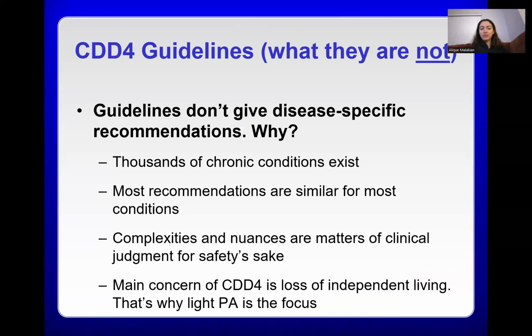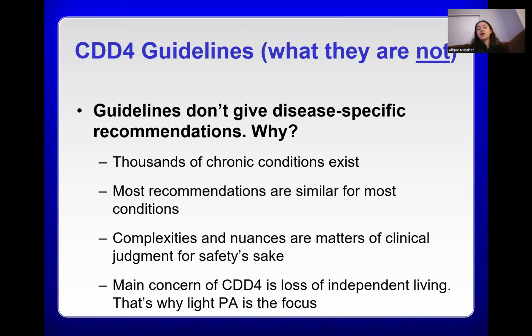So let's jump into the actual guidelines we're going to use for the rest of the semester. But I want to first lay out what these guidelines are not. These guidelines don't give disease-specific recommendations. That sounds a little off to hear, first of all, right? Because I thought we're going to get into guidelines for specific conditions, right? Well, there are a couple of reasons why the authors of these guidelines didn't want to do it that way.